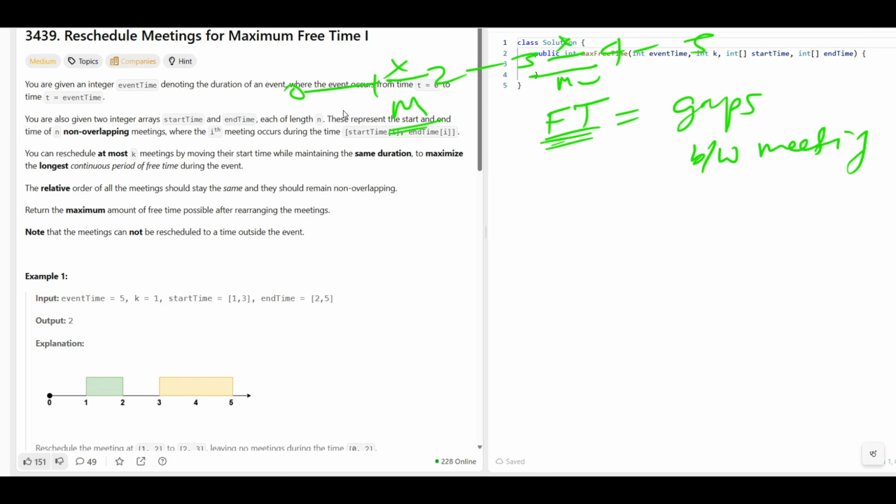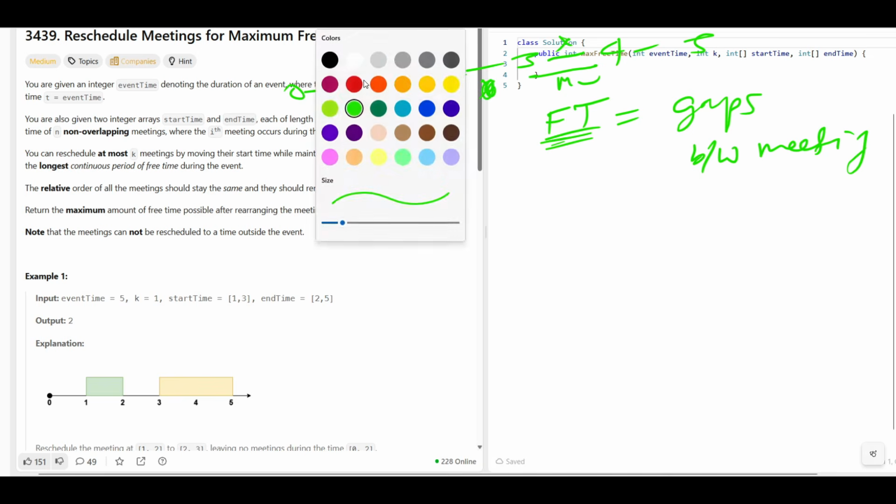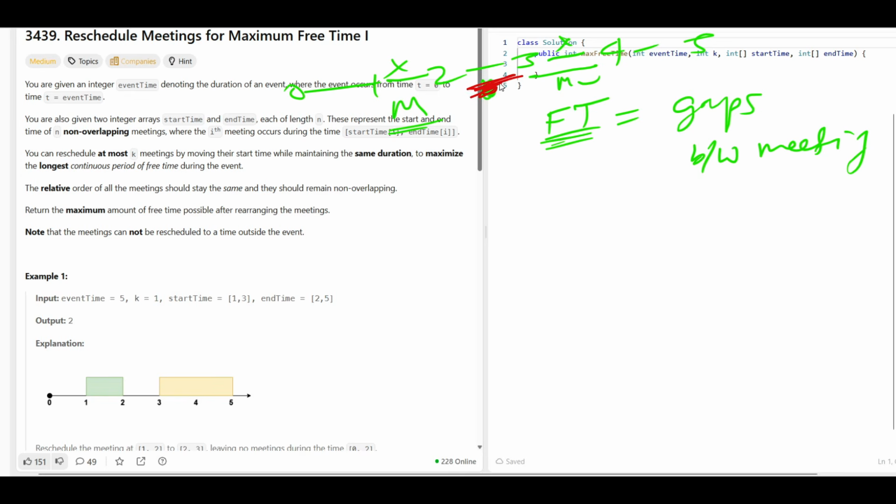So if any meeting gaps are coming, let's suppose this is your free time, this is your free time. So free time is a gap between the meetings.